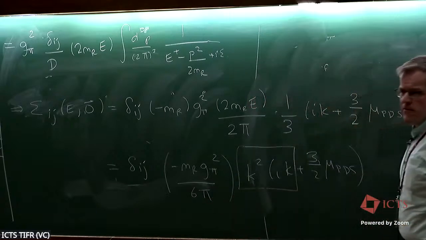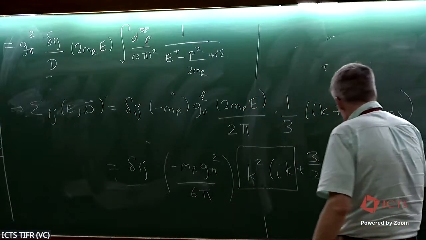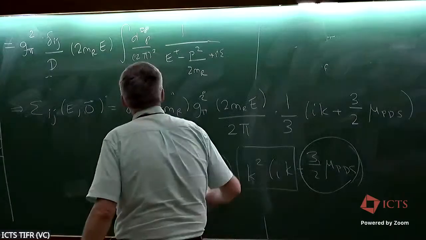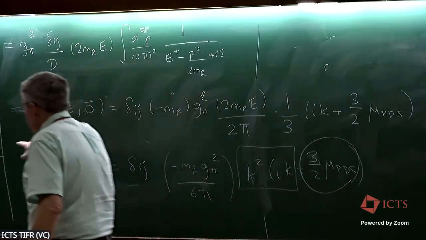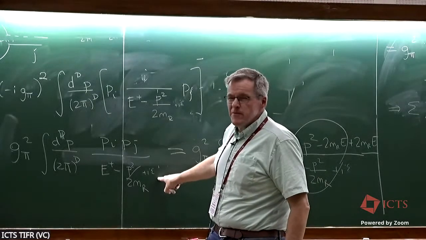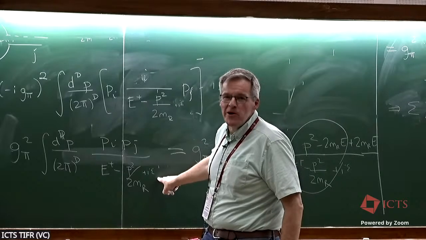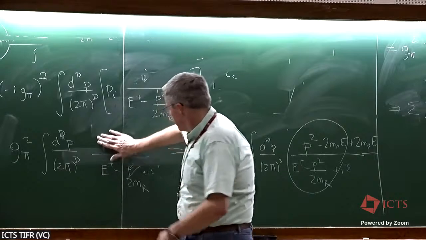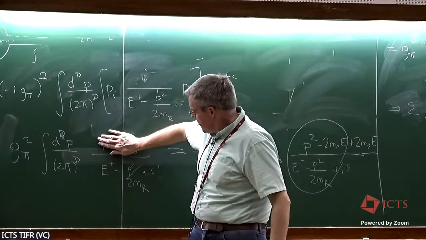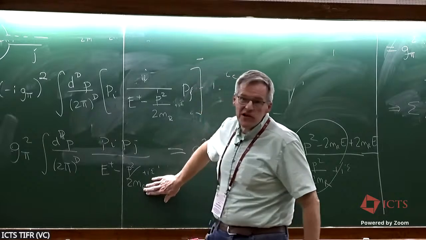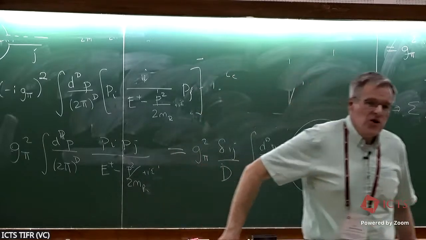Now, the more complicated news is that we have this additional piece, which represents the fact that this integral that we started with is, how divergent is it? Anyone want to take a stab? In 3 dimensions, the S-wave one was linearly divergent. So this one is cubically divergent.